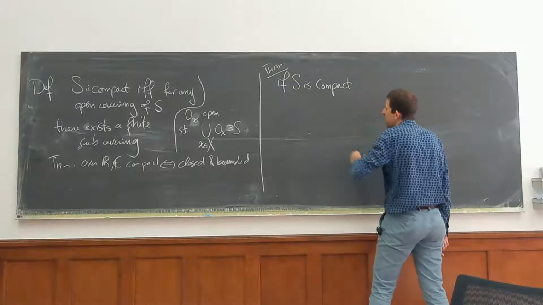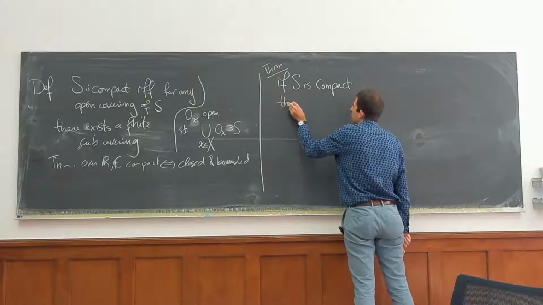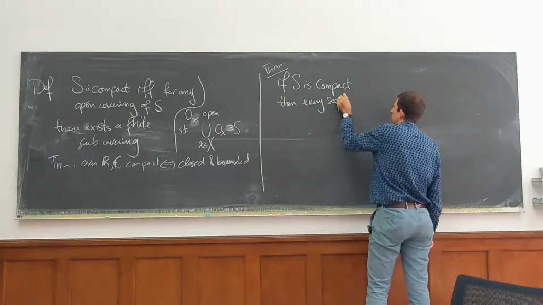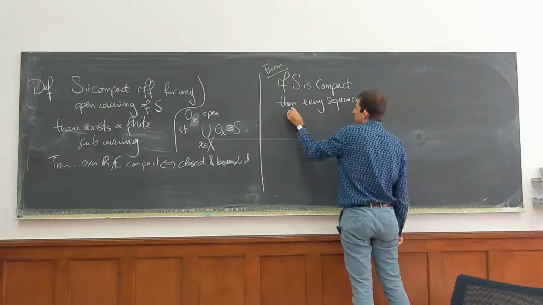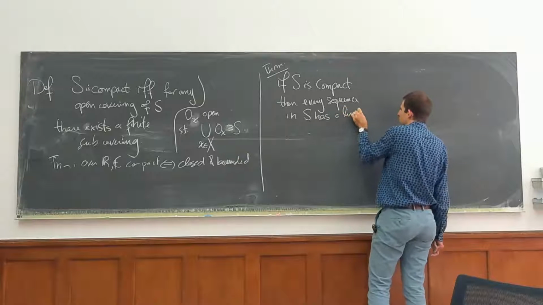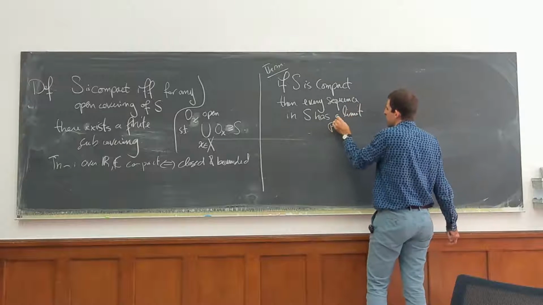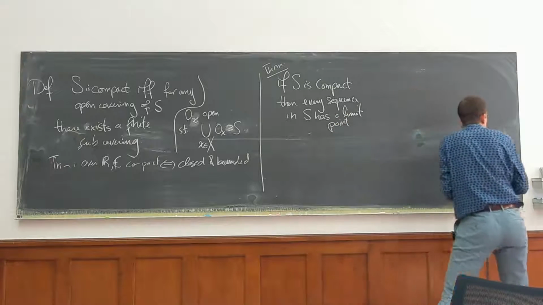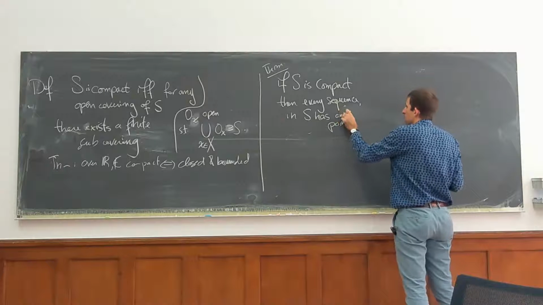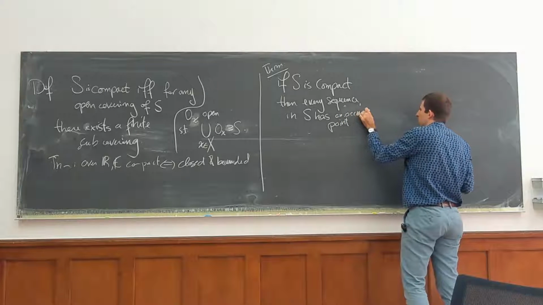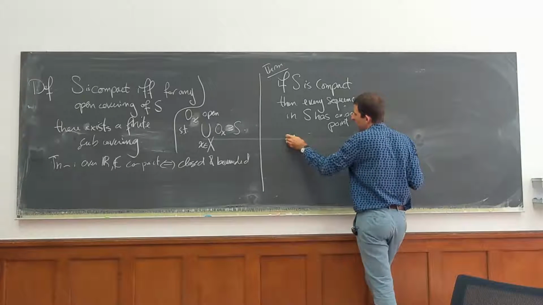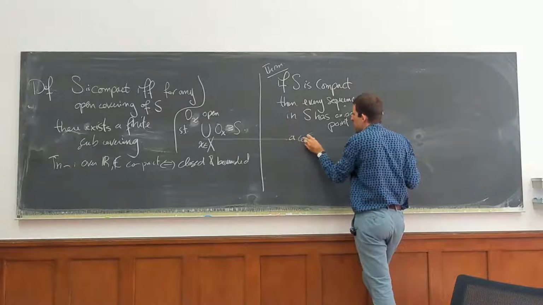If S is compact, then every sequence in S has a limit point, or an accumulation point. Or another way to say this is it has a convergent subsequence.